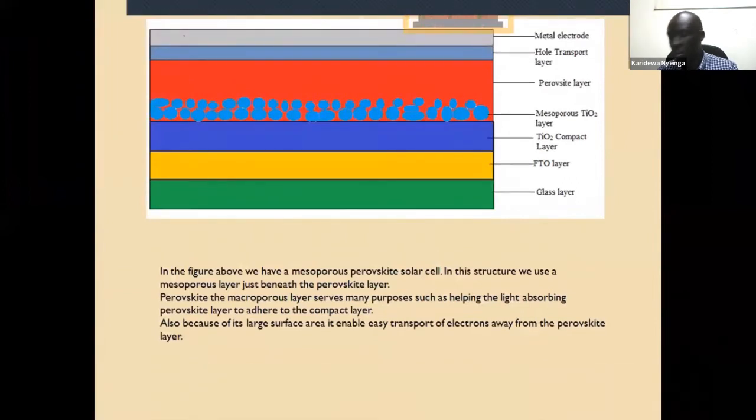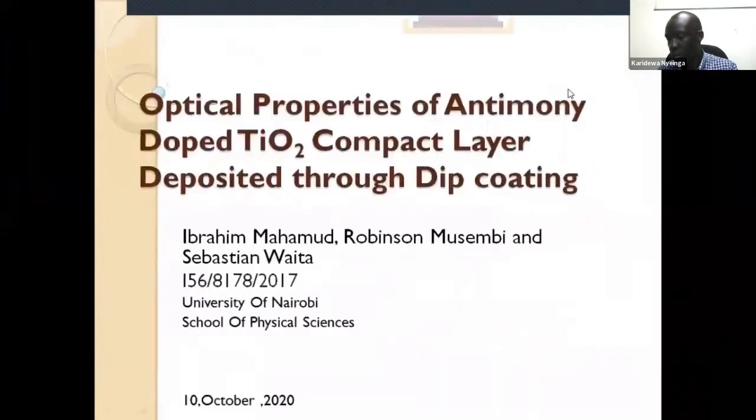Transporting the charge carriers out of the absorber layer creates a voltage between the anode and cathode of the solar cell. This voltage allows us to create electricity.